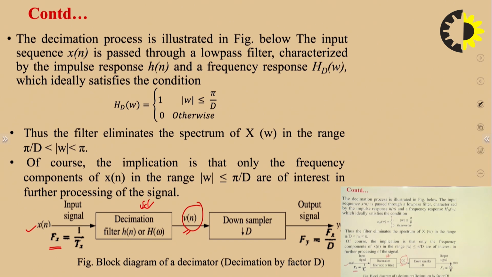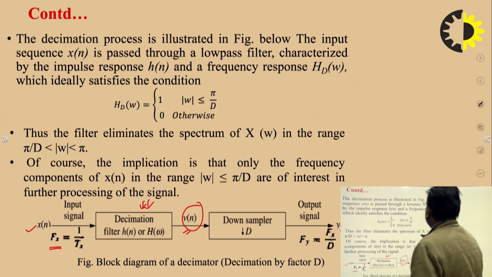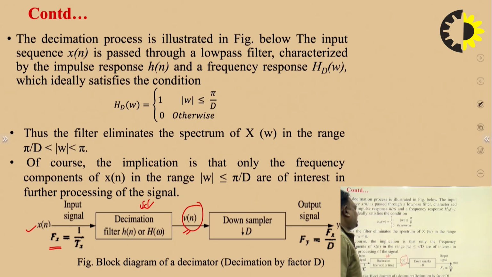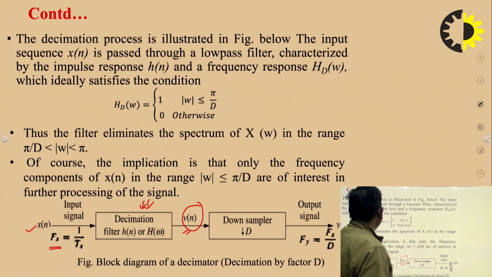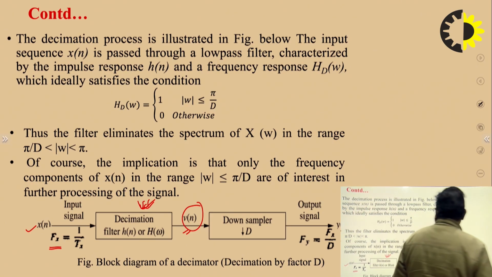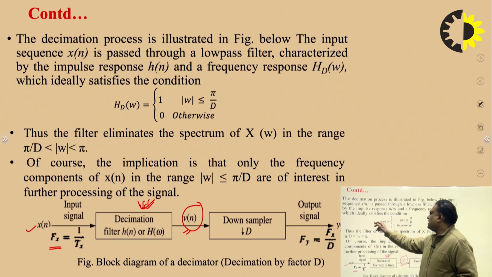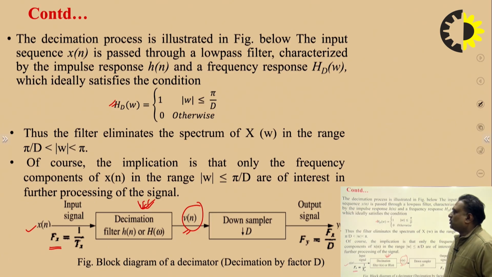We can see this in the figure. The input sequence x[n] is passed through a low pass filter characterized by the impulse response h[n] and a frequency response Hd(omega), which ideally satisfies this condition. We are assuming that the low pass filter used in decimation is an ideal low pass filter, so its frequency response Hd(omega) should be equal to 1 between minus pi by d and pi by d, or 0 otherwise.